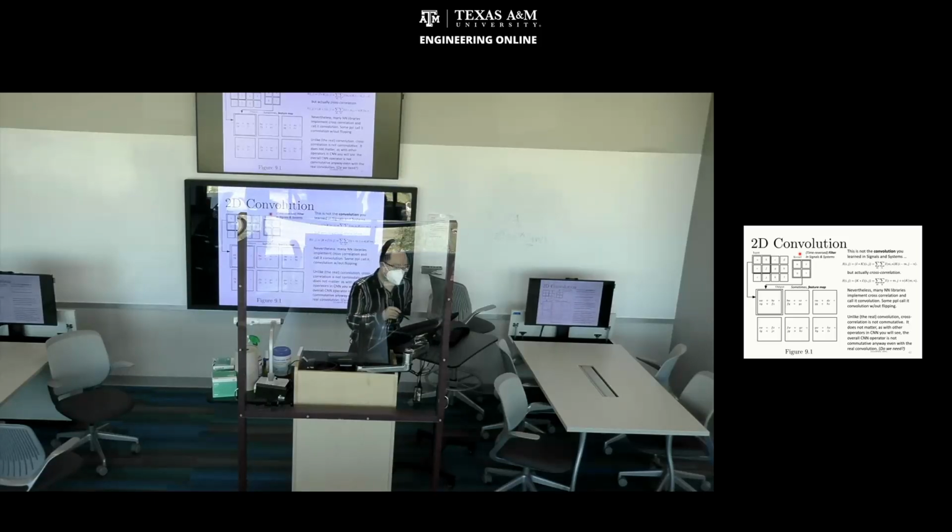It used to be called a filter in signals and systems. You have this kernel matrix, and then you have the input. This kernel matrix is apparently a smaller size compared to the input image, and it's essentially extracting a local summary.